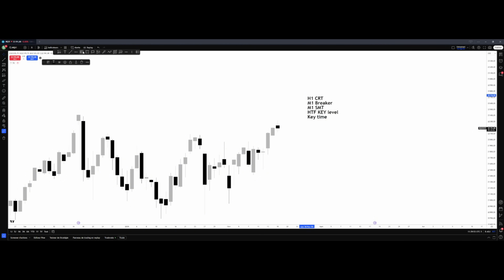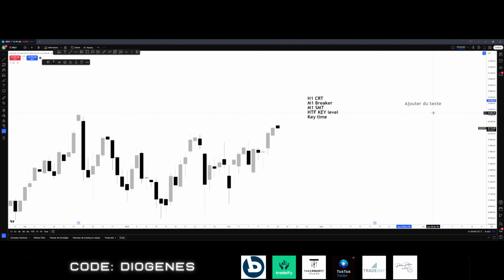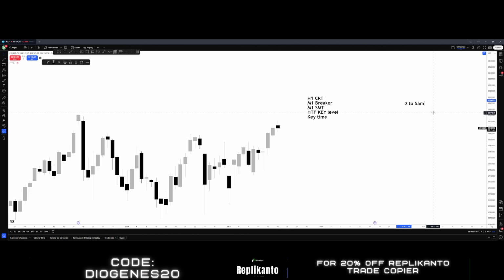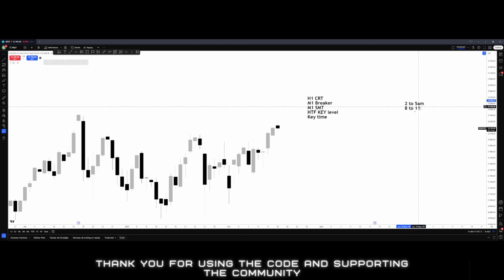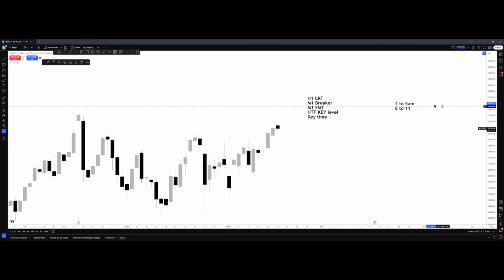For the key times, let's make it easy. We can play from 2 to 5 a.m. for the London guys, and from 8 to 11. But most of the times you need to pay attention at 9 a.m., because most of the times the soup will happen at 9.